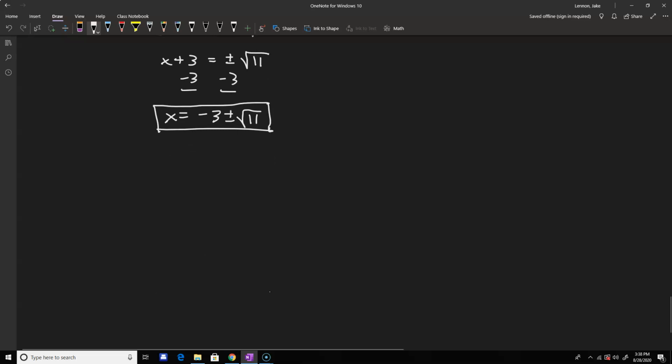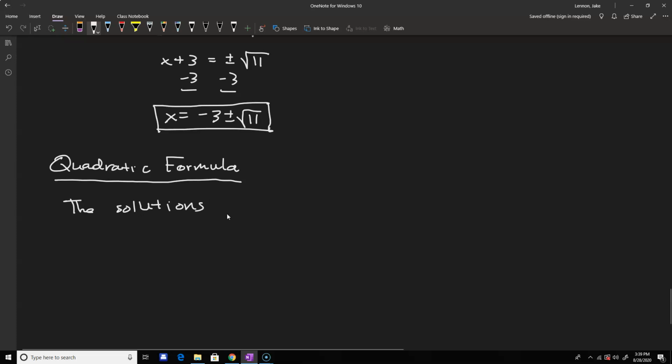Where does the quadratic formula come from? So this is this last section. So there is a formula to solve all of these quadratic equations. And the quadratic formula says the solutions to the equation ax squared plus bx plus c equals 0.